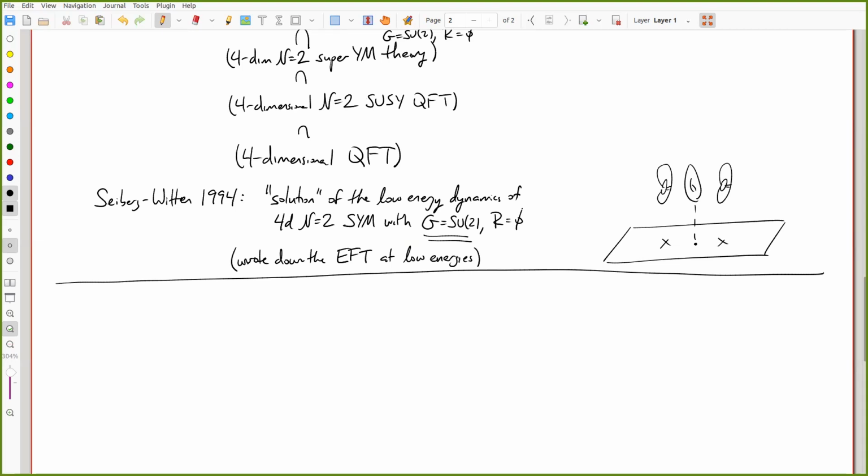Okay, so I feel like I should try to say something about what a four-dimensional quantum field theory is.